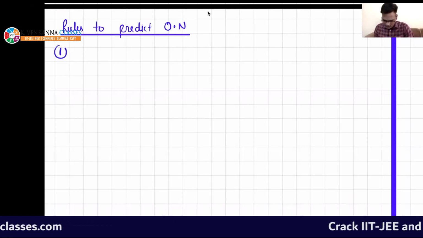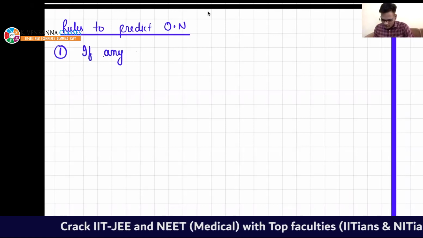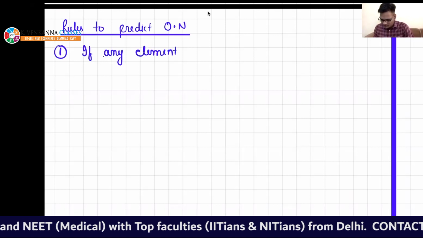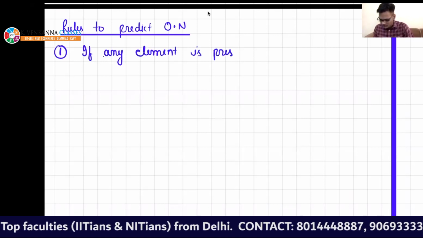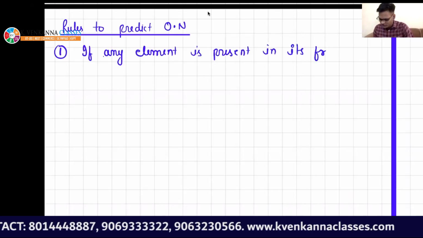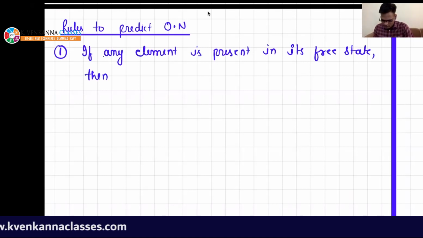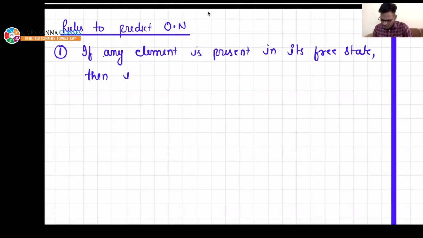The first rule says, if any element is present in its free state, then the oxidation number of the atom will be zero, big zero, beta.